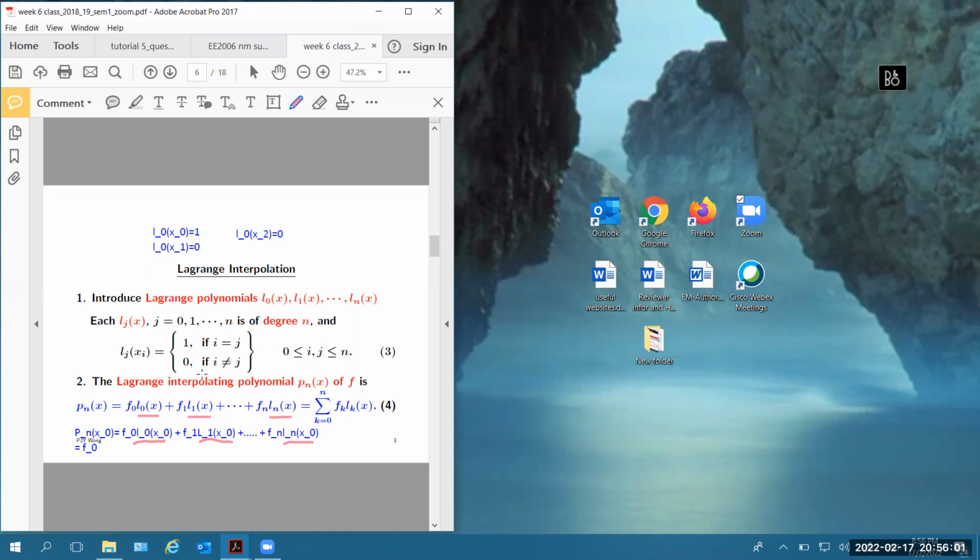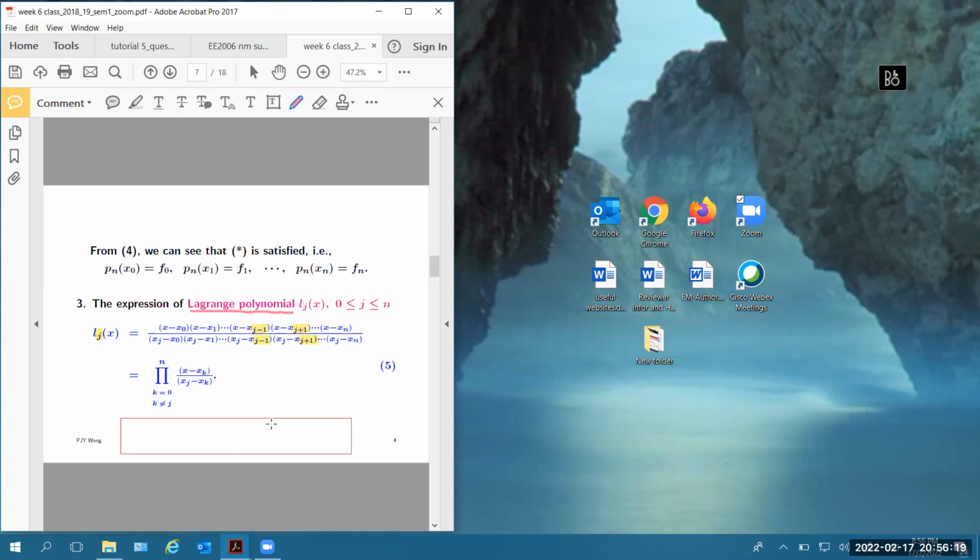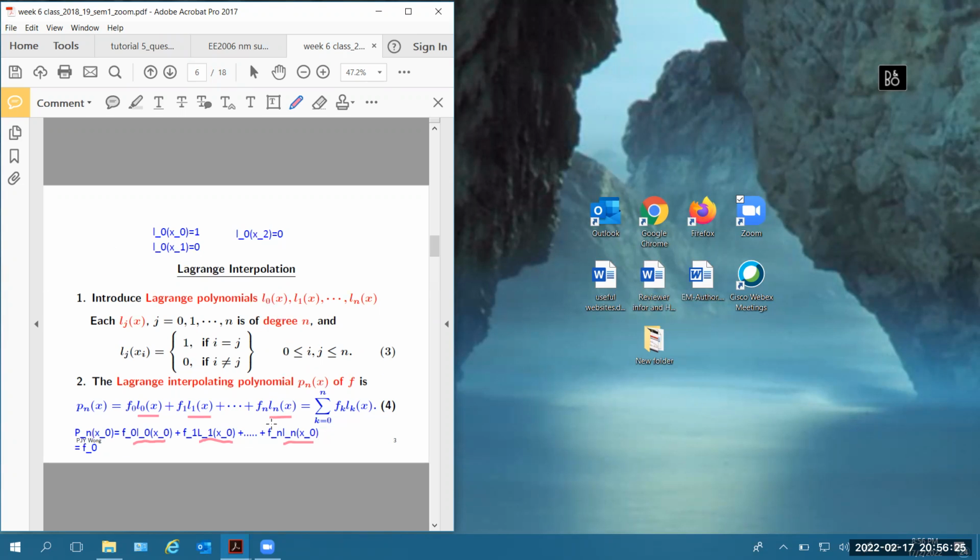So that is expected. This nice property of Lagrange polynomial makes sure that this Pn(x) written in this manner is really the interpolating polynomial. Any questions? What do you mean by really the interpolating polynomial? Well, what I write here we say is an interpolating polynomial. Now that we know the property of the Lagrange polynomial, I actually show you that this is really the interpolating polynomial, because if you substitute x0 inside, you get f0.